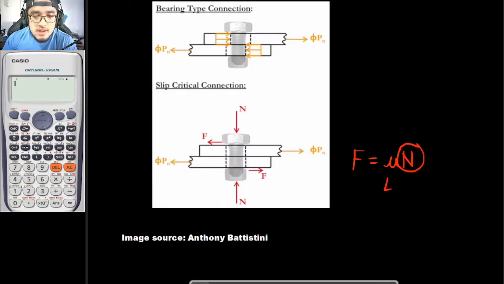So if this is your equation, the greater the normal force is, the greater the friction force. In Tagalog, when our bolts are tighter, friction helps more.